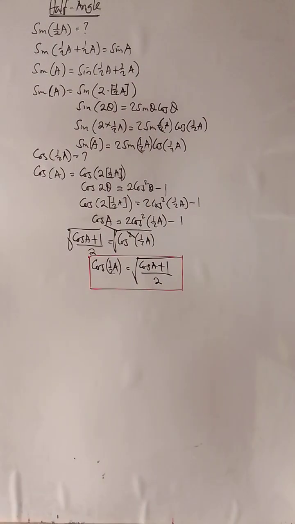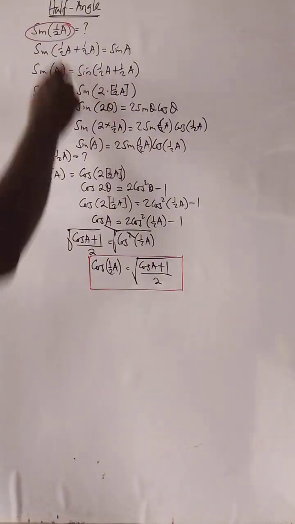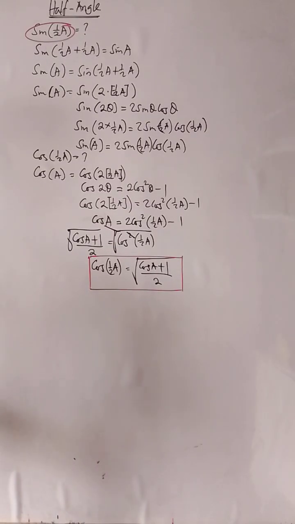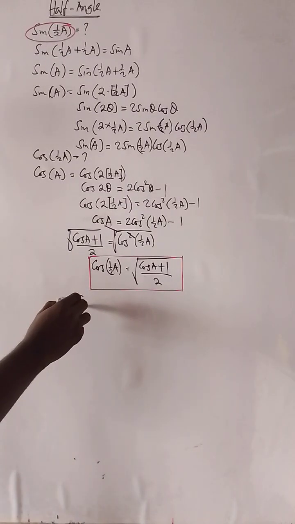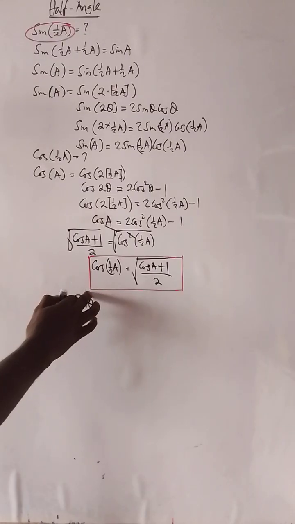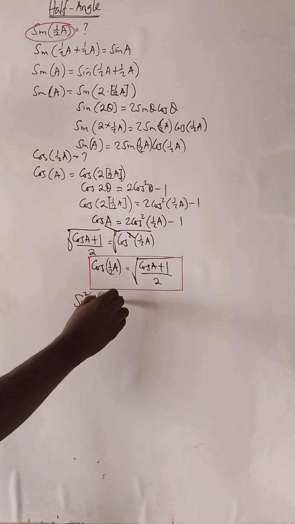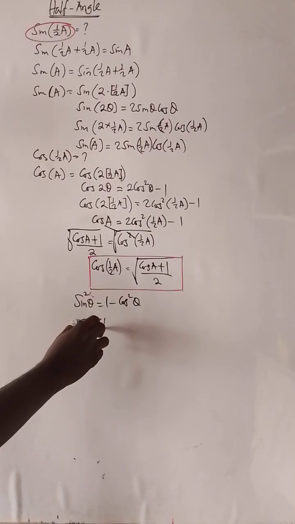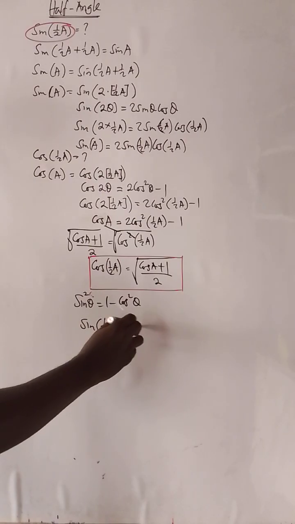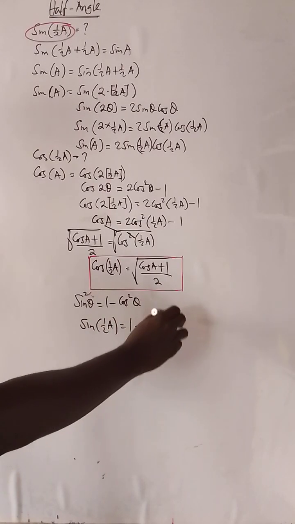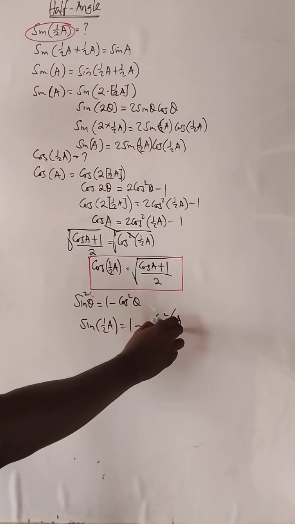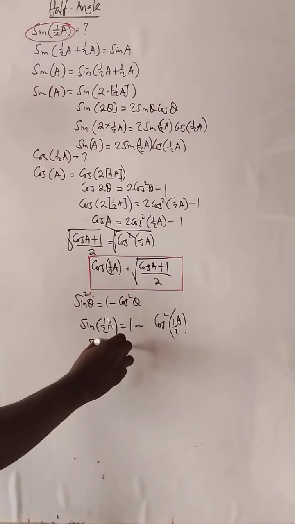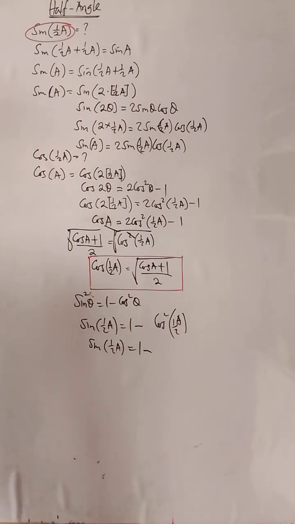It is easier for you to get the value of sine half of A from here. Why? We know that sine square theta equals 1 minus cos square theta. So sine square half of A equals 1 minus cos square half of A. What's cos square half of A?